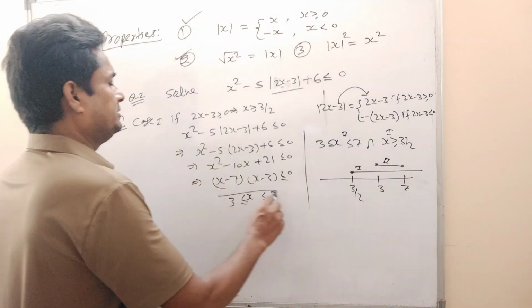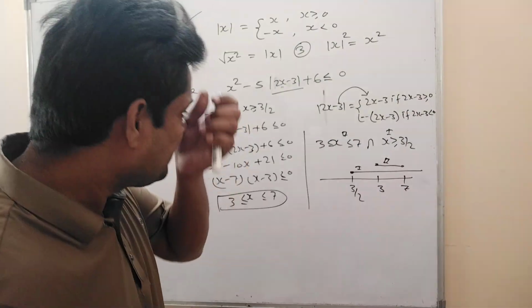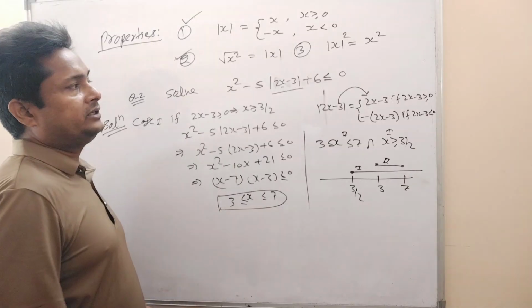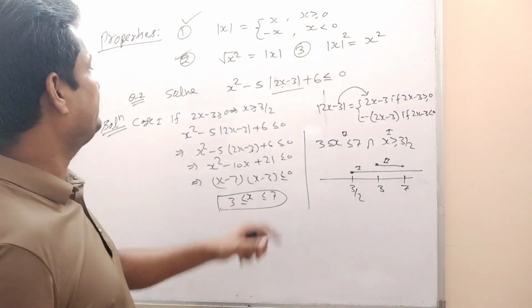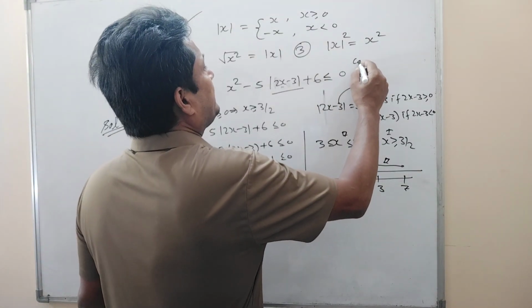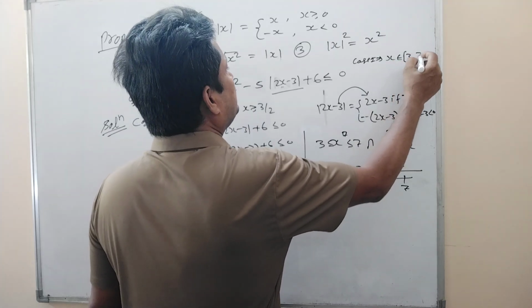That means this answer is from case 1. Now solve by using the second case. I am writing here: case 1 answer is x belongs to 3 to 7.